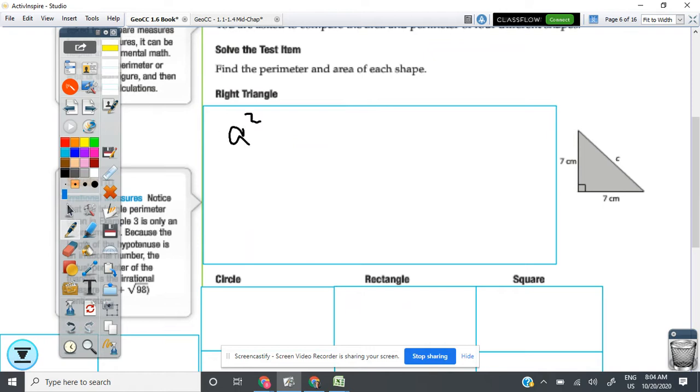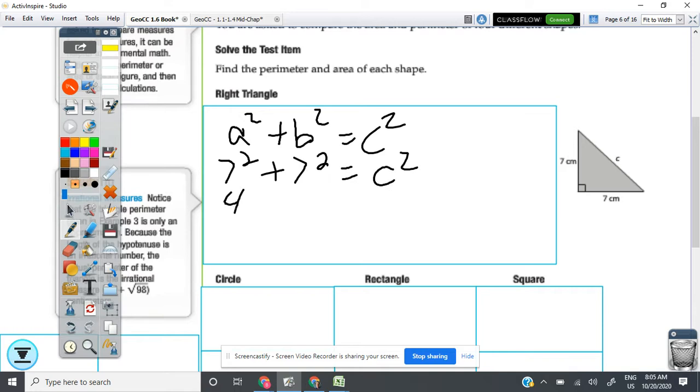So a squared plus b squared equals c squared. A is 7, b is 7. And then to undo the square, we use the square root.